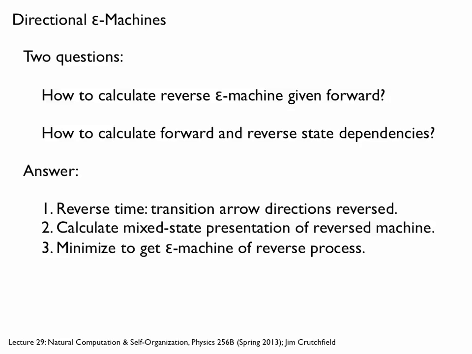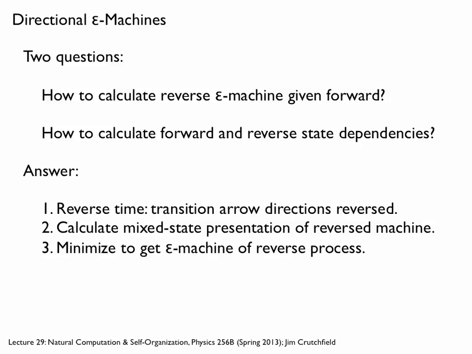So the answer is pretty straightforward, and since we did all the work last week with mixed state presentations, what we're going to do is start with the forward machine and reverse the arrows. Great, that was easy. Problem is, that can be non-unifilar. Well, okay, we reverse the arrows, we actually have to renormalize the machine so we have a stochastic process, right?